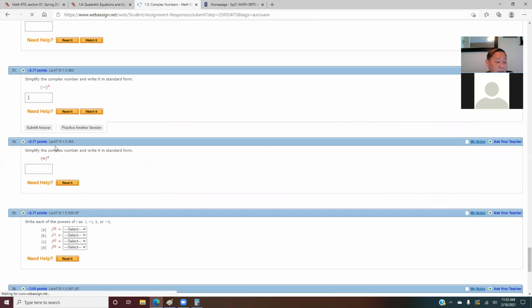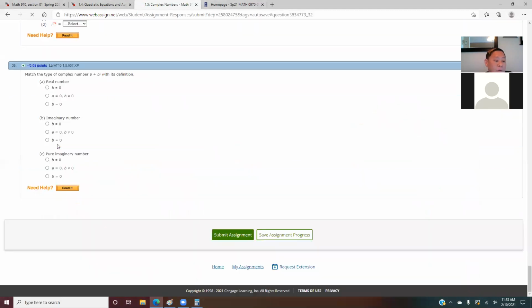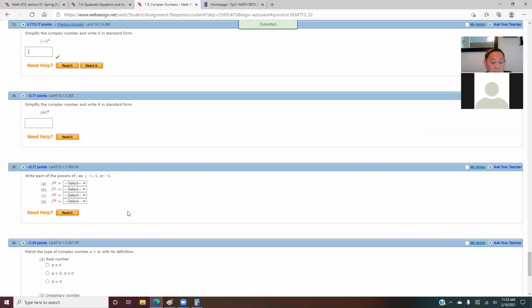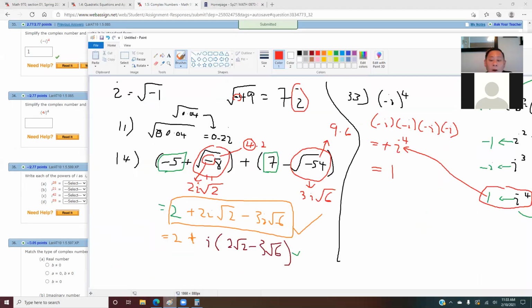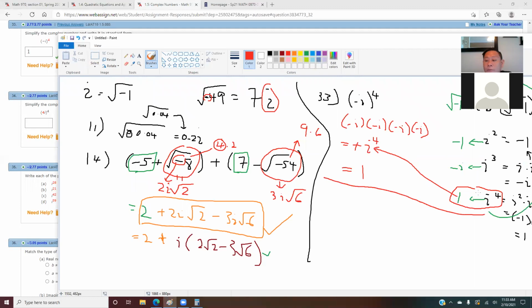And if you want to do 34, not 38, 34. What happens to 4i to the power of 4? This is the same thing as 4i times 4i times 4i times 4i.